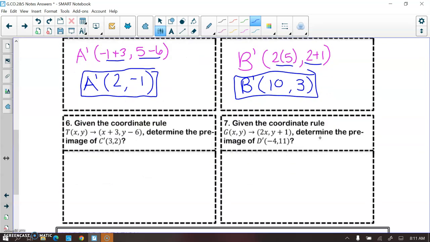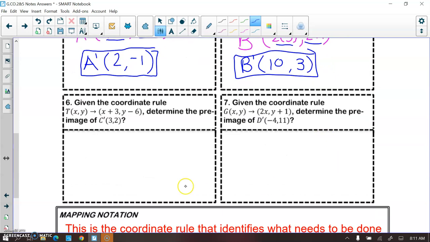All right, number 6 and 7, this time be careful. We are given our image point, and we want to find the pre-image point, the starting point. So what that means is we want to go backwards.